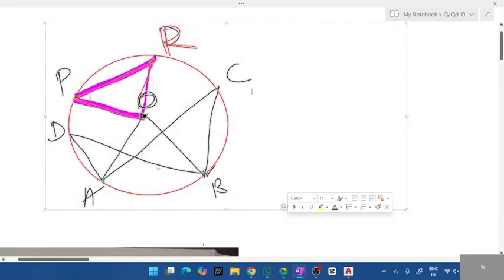Now look here, I'll give a value. You'll have to explain each and everything in detail.